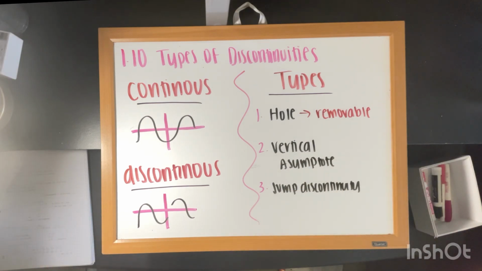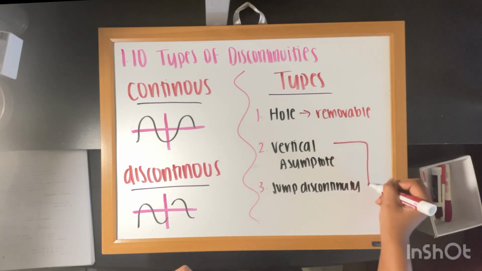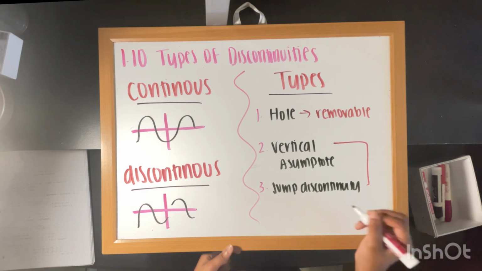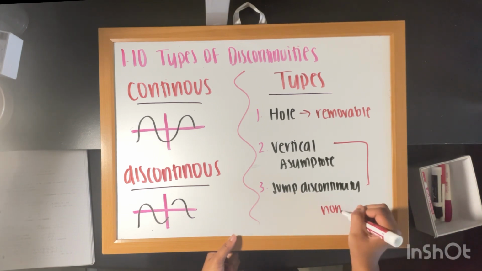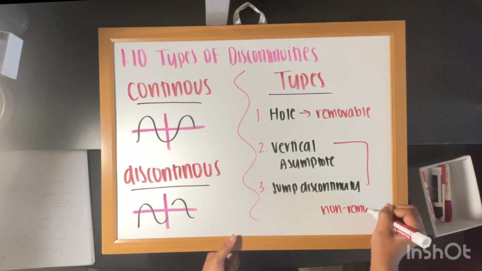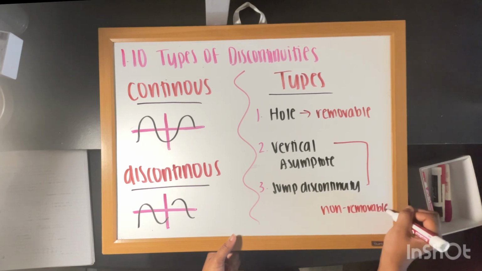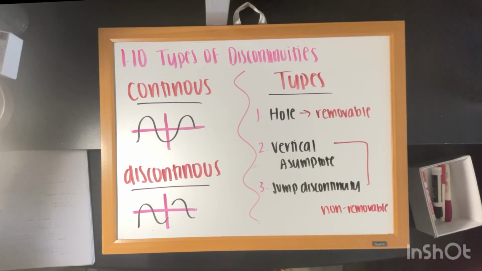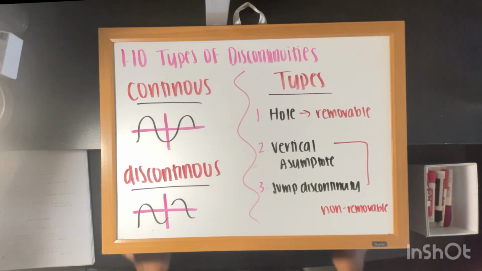It's removable because if you were to fill in the hole, it removes the discontinuity. But a jump discontinuity and a vertical asymptote are non-removable. So it stays the same. It does not move, or it cannot be removed.